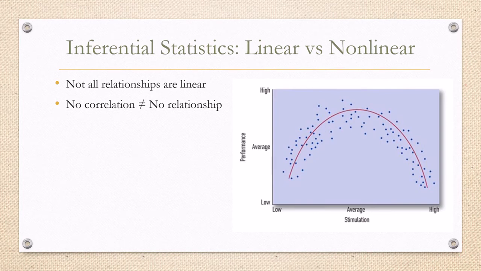We have average stimulation on the x-axis. As stimulation goes up, we at first have an increase in performance. And if you just looked at this portion of the scatter plot, it would look like there's a positive correlation.